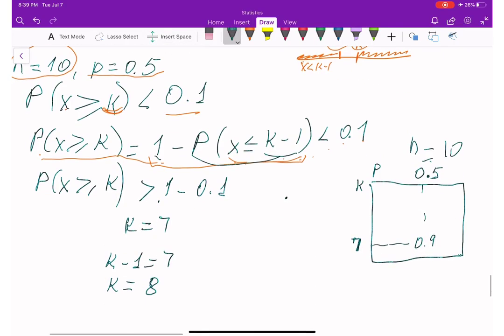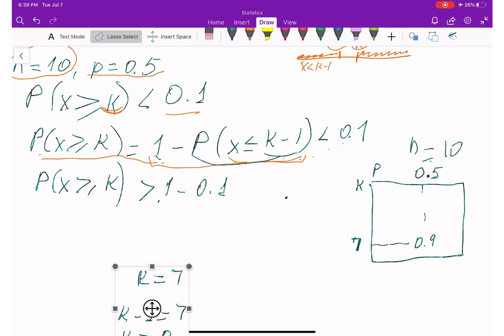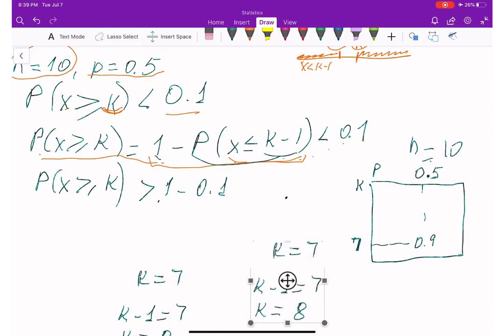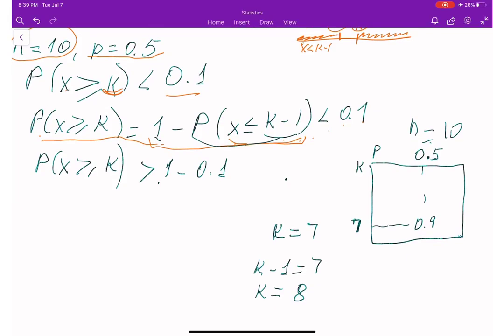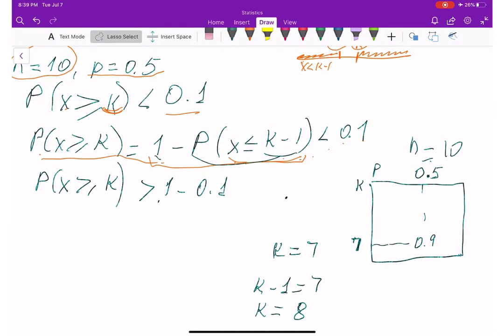Hold on, let me do it this way, otherwise this table is also going to move. There we go. This will be much better. Okay, so I'm doing 1 minus 0.1, it's going to be equal to 0.9.